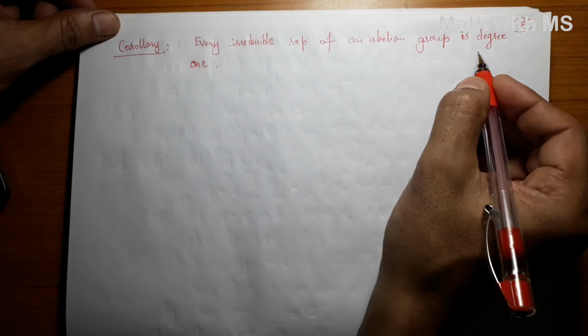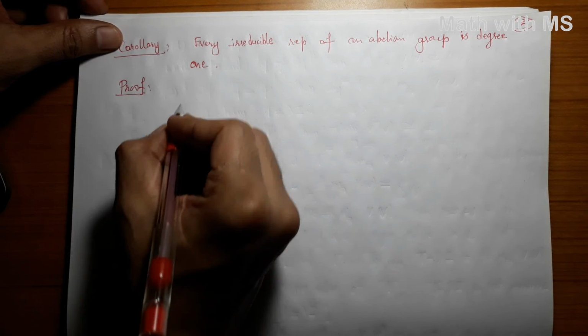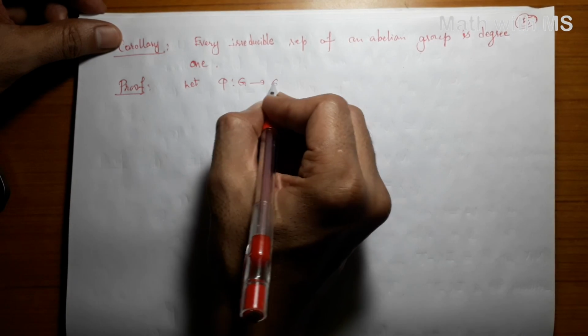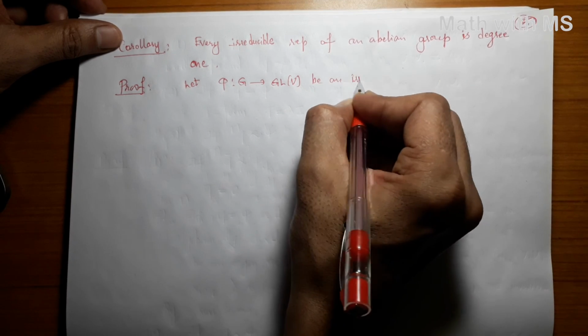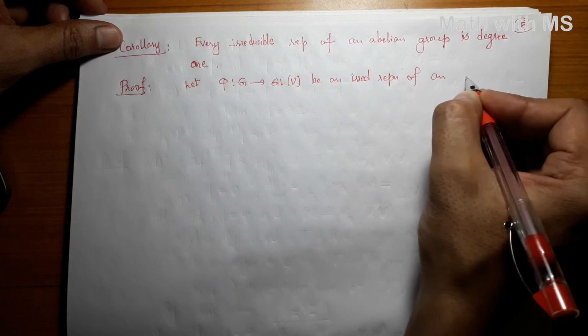Some books will call it dimension, some call it degree. So let us prove it. Let phi from G to GL(V) be an irreducible representation of an abelian group G.